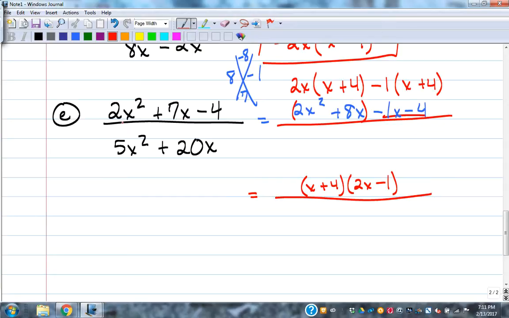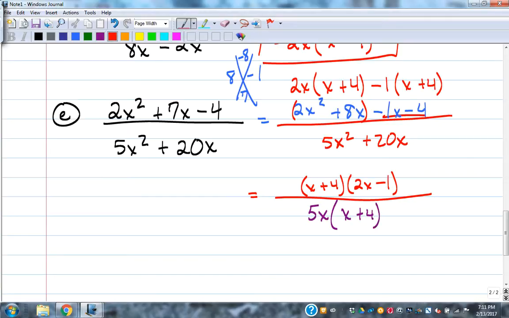Now let's factor the bottom. I didn't do anything with it here, so I'm just going to go to the next step. What's the method we're going to use there on the bottom? Yeah, which would be 5x and x plus 4 left in the parentheses.